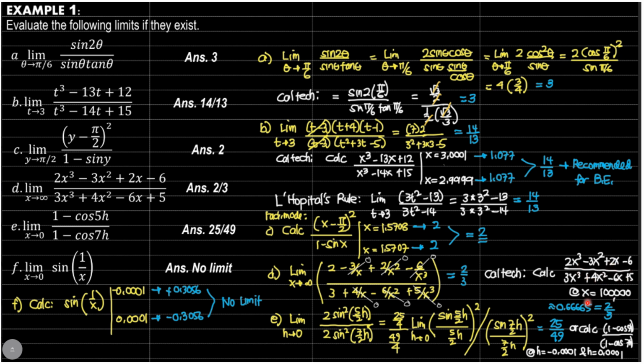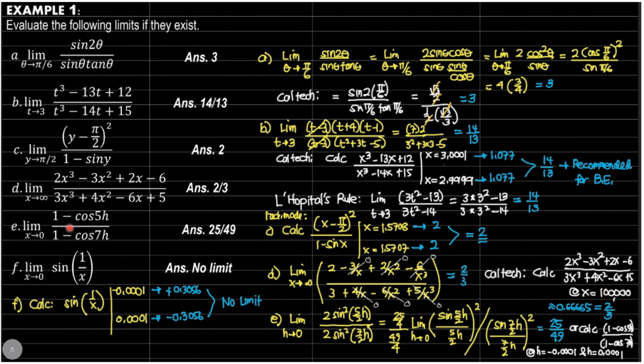If your calculator will still answer at 1 million, then do it, but 100,000 is enough. The decimal equivalent is 0.66665, which is the approximate decimal equivalent of 2/3. So that's why the answer is 2/3.